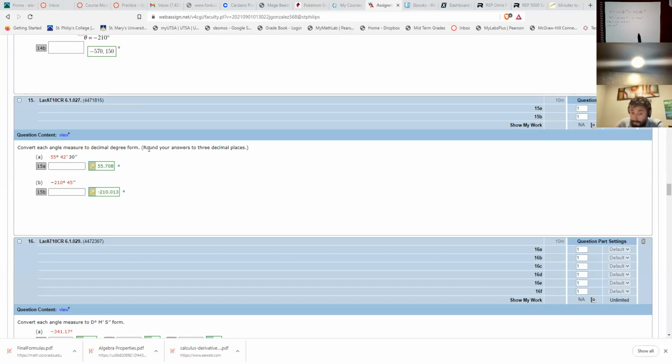So see how they tell you, I should have said decimal degree form, but whatever. Round to 3 decimal places. So this would be the key when you're simplifying it. Okay, so be careful.